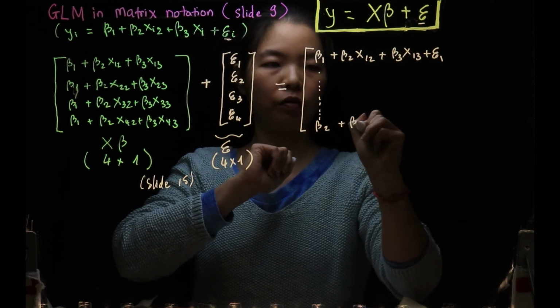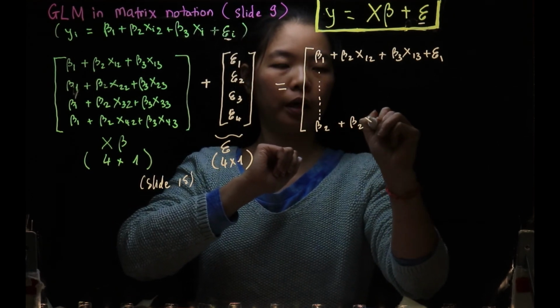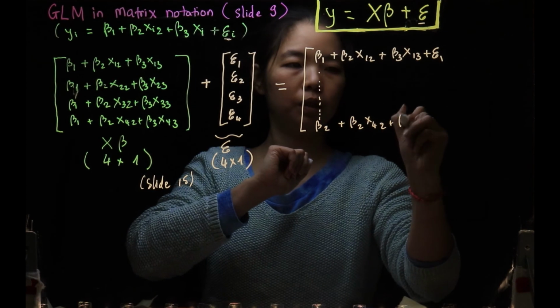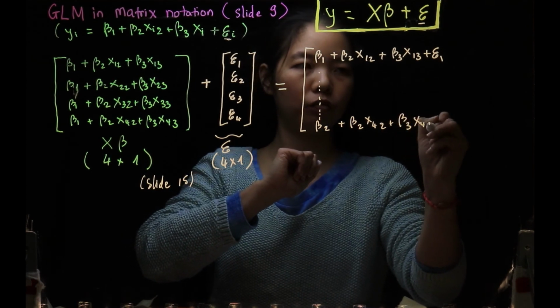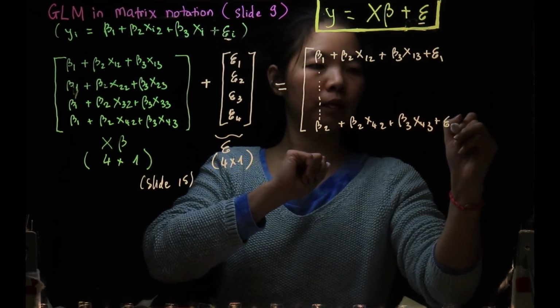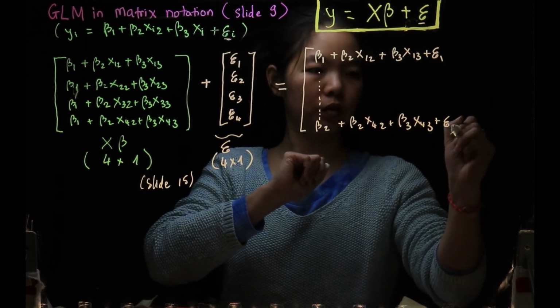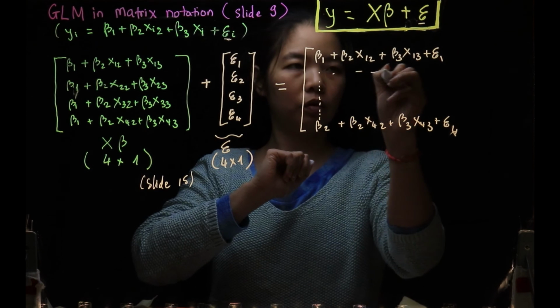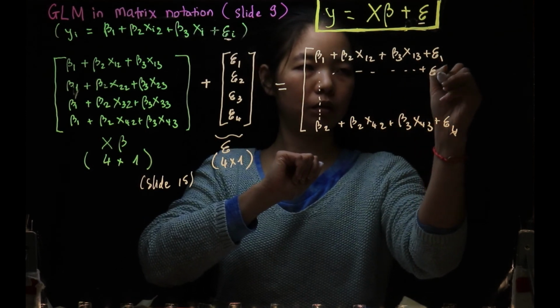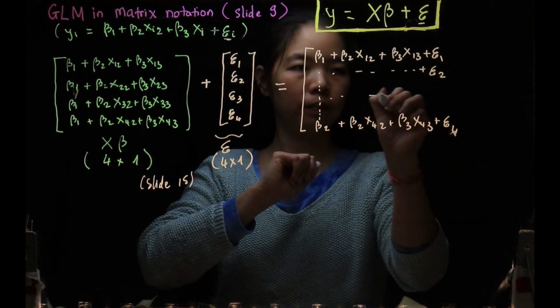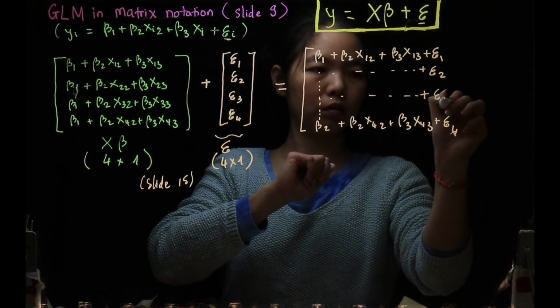Here we have the fourth one, x42 plus beta 3 times x43 plus epsilon 4. Sorry, I lost track. So here should be plus epsilon 2 and plus epsilon 3.